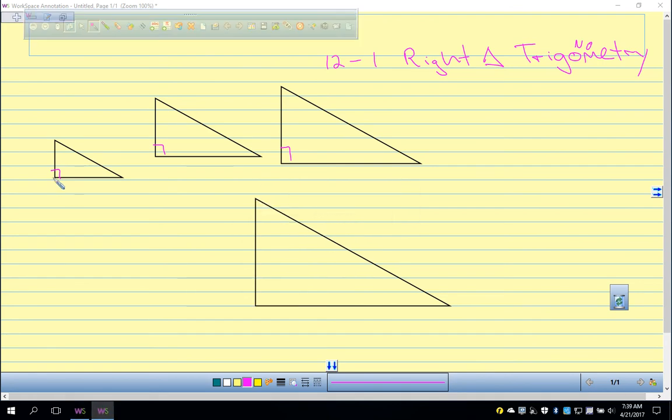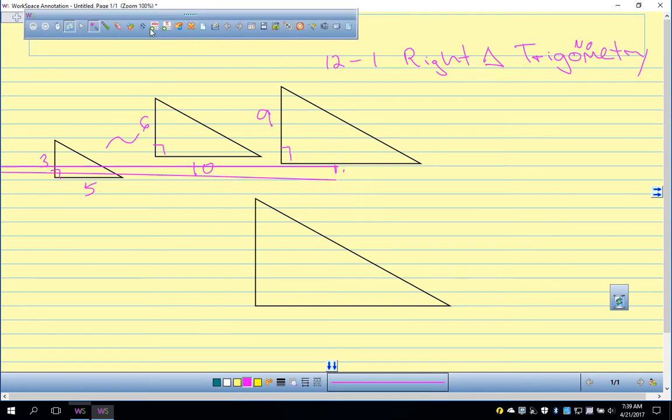Oh, I don't know. So anyway, say you have a bunch of similar triangles. Say this triangle has these sides 3 to 5, and say this one is twice as big, 6 to 10, and say this one's 3 times as big, so let's make this one 9 to 15.